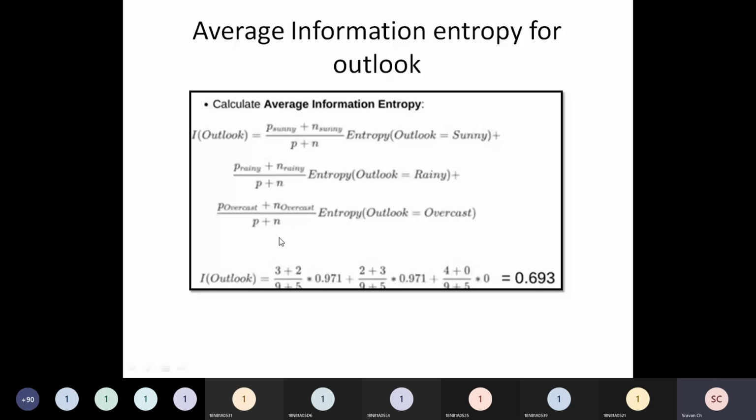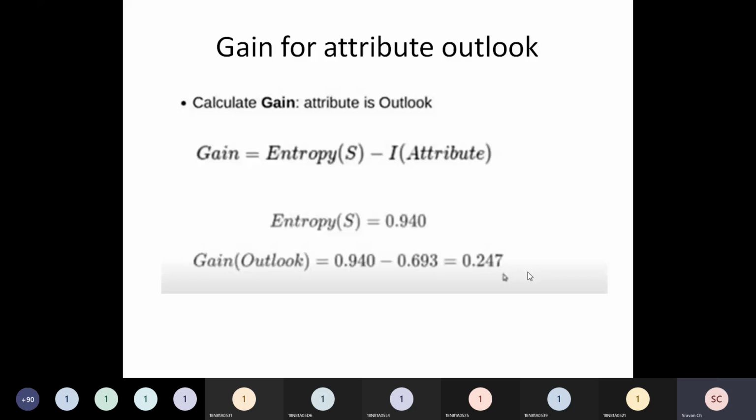So if you apply this, whatever information average, that sigma part, we are getting is close to 0.693. So 0.693 is that sigma part, and the gain which I am going to get is entropy of S minus I of attribute.